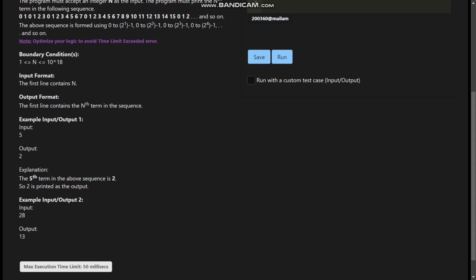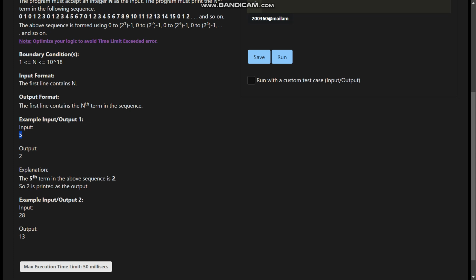For example, 5. Initially 2. No, it does not fall under 2. Then 2 plus 4, 6. Yes, this 5 is falling below 6, which is 2 power 2. So it falls in the range of 2 power 2.